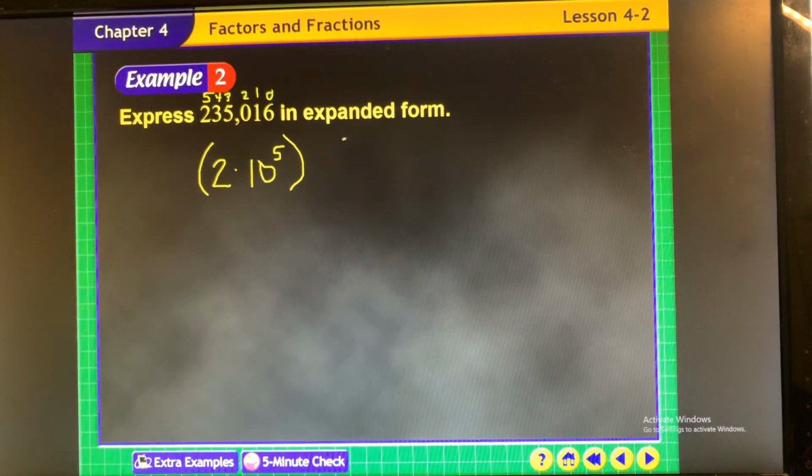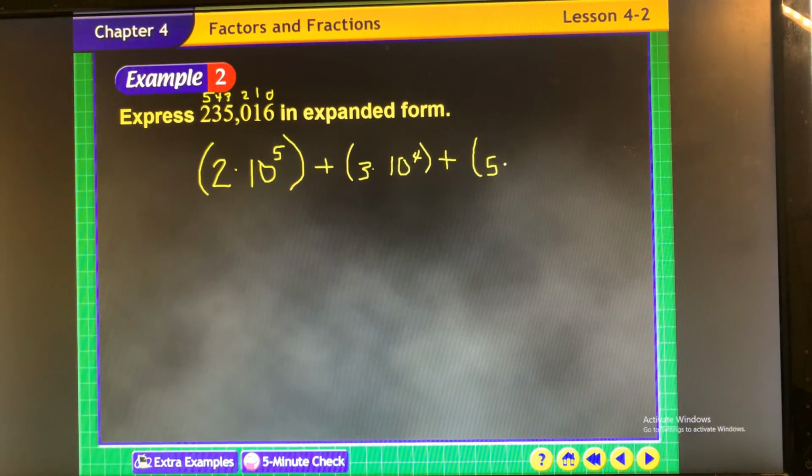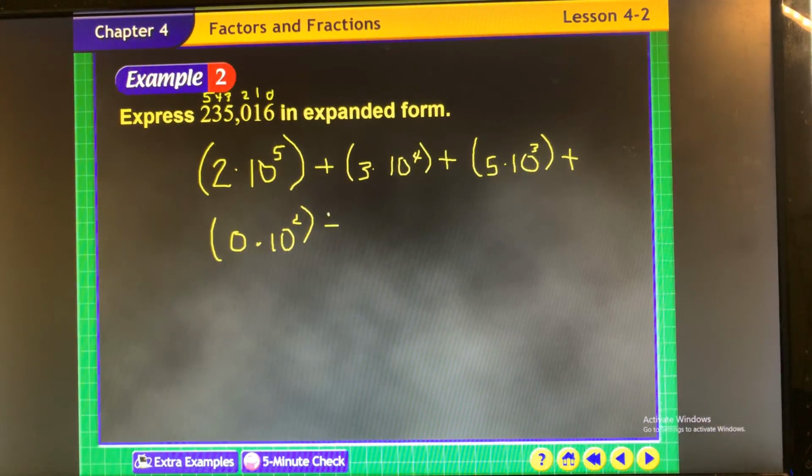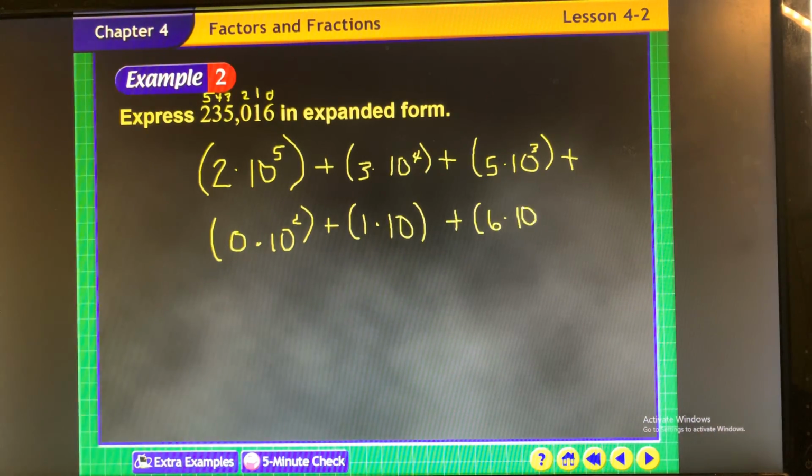Make sure that 5 is next to the 10, plus 3 times 10 to the 4th, plus 5 times 10 cubed, plus, you don't really need to do this one, 0 times 10 squared, which we know is 0, plus 1 times 10 to the 1st, you don't need to write that, plus 6 times 10 to the 0.